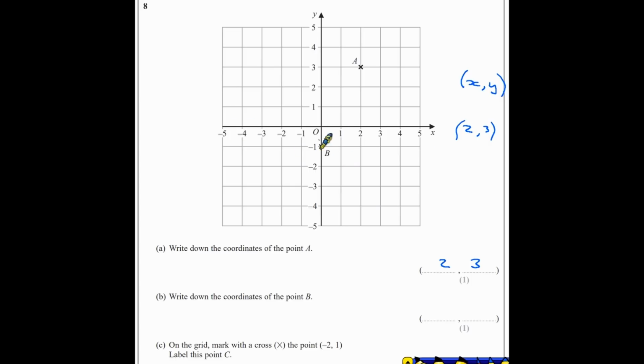On the x-axis, this point is at 0, and on the y-axis, it's down here at -1. So that's 0, -1. And for part C, it says mark with a cross the point -2, 1. So again, same rules. The x-coordinate is on the x-axis, -2 is just here, and then we need to go up 1 for the y-coordinate, and we land just there.